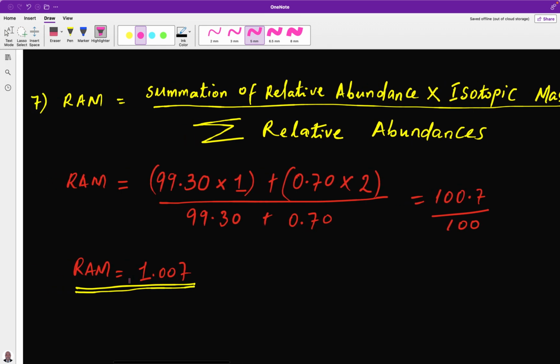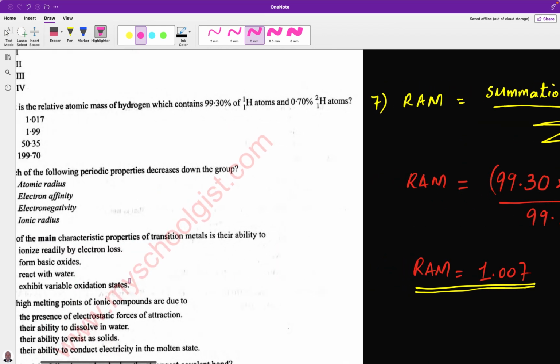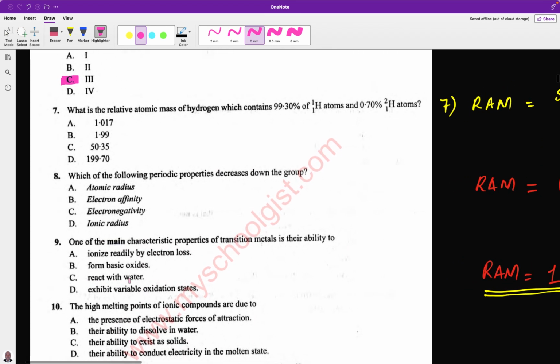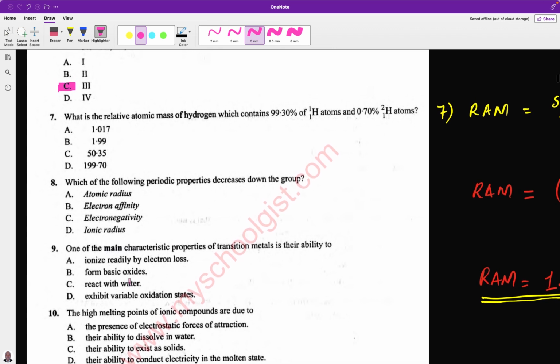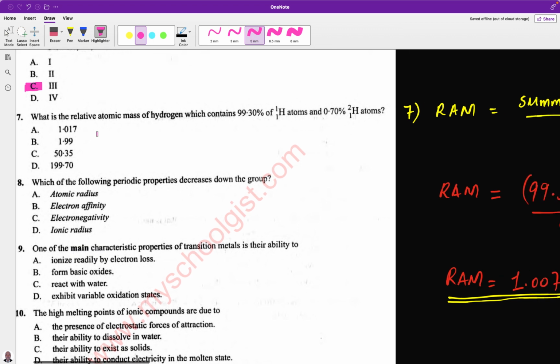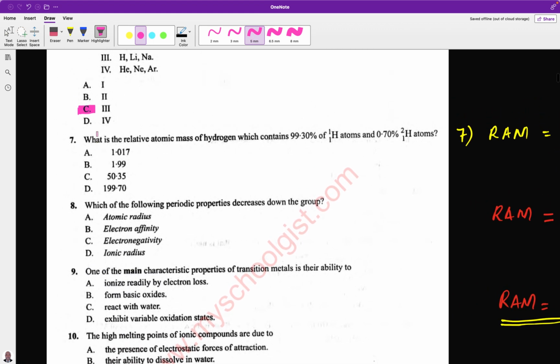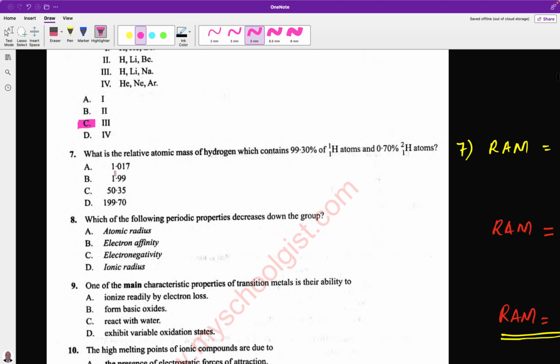Let's see if we have an answer like that. A possible answer like that will be 1.01, because 1.007 is like 1.01. So the possible answer for our calculation is A.